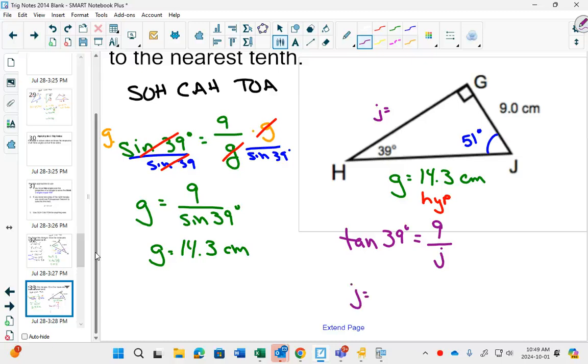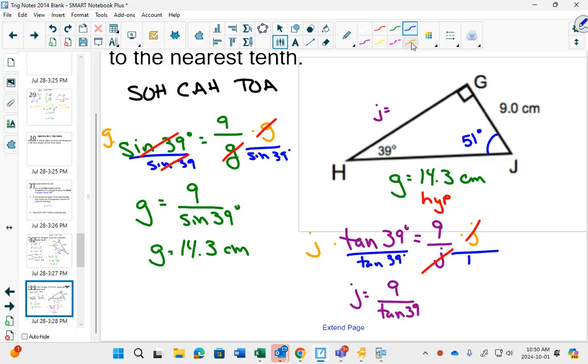Again, you can go right to this step. But if you want to show your work, we multiply both sides by J. That simplified the J. Then we divided both sides by tan of 39. And that would get J by itself. But I'm happy if you just write the purple, if you're okay with that.